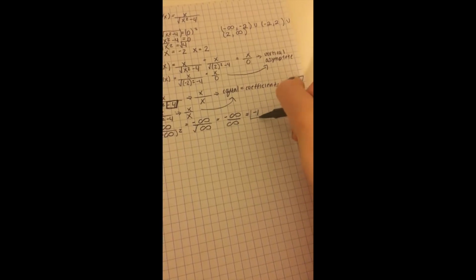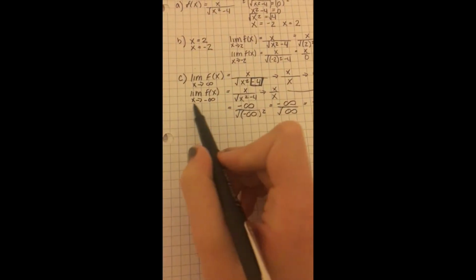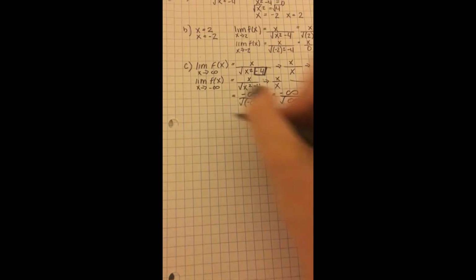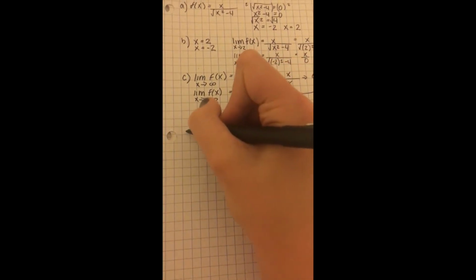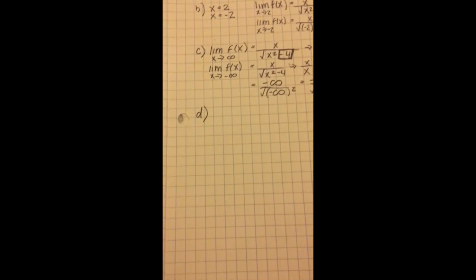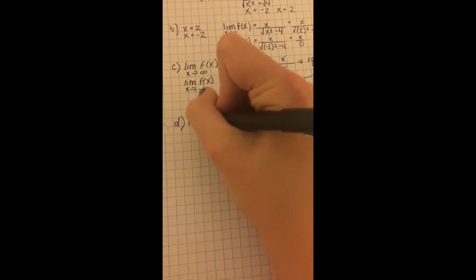And that is why, as the limit approaches negative infinity, the horizontal asymptote is negative 1. And as it approaches positive infinity, it is 1.